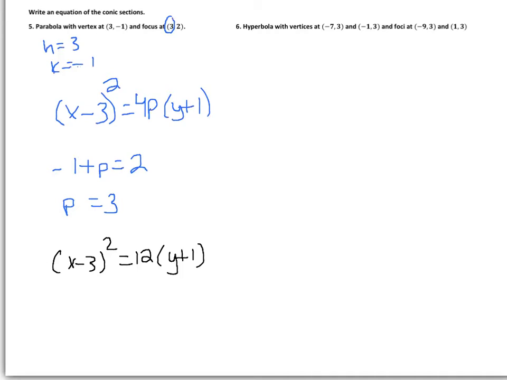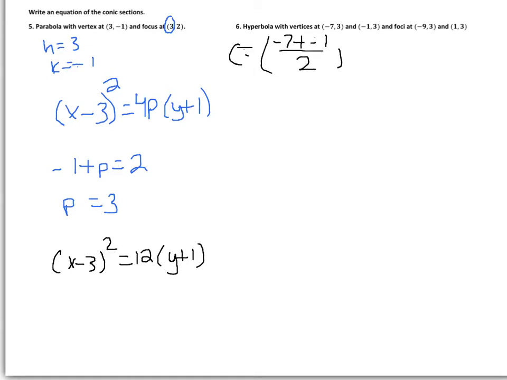So it says hyperbola with vertices of (-7, 3) and (-1, 3). So here's what you do to get the center. This would work for hyperbola or for ellipse. It's halfway the distance between the two vertices.